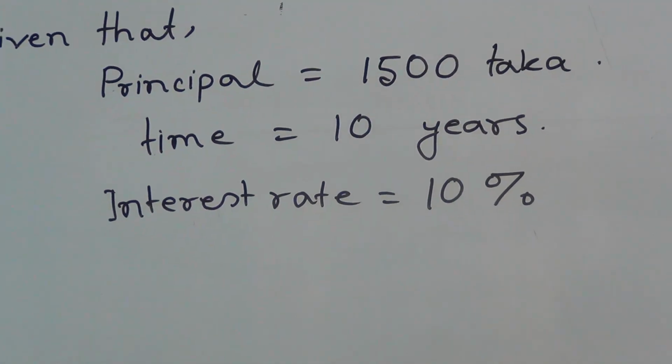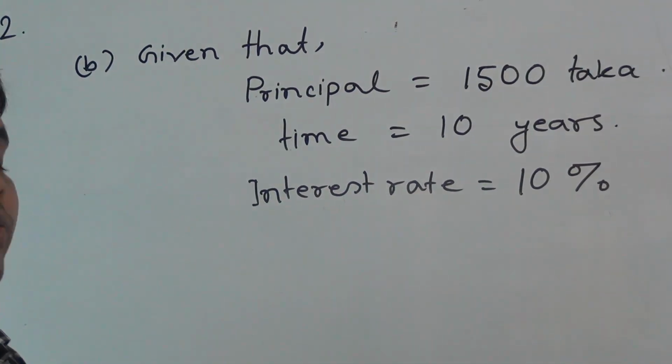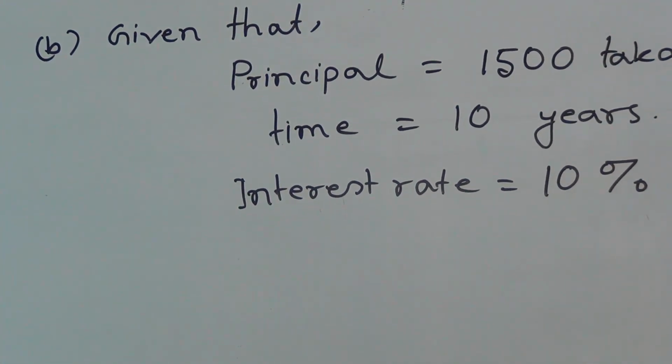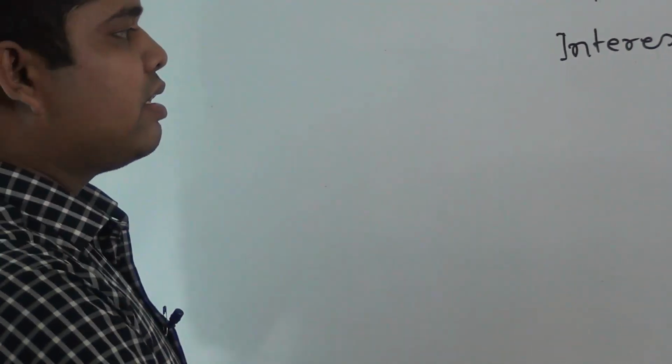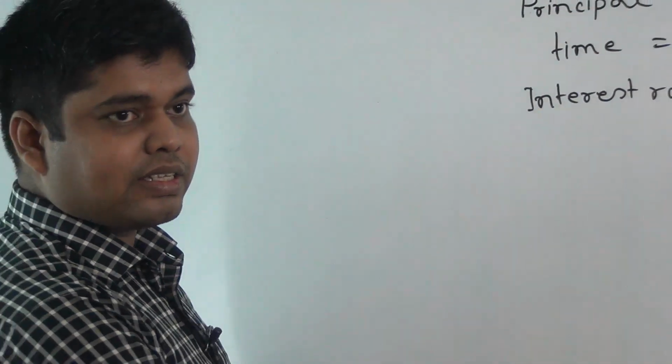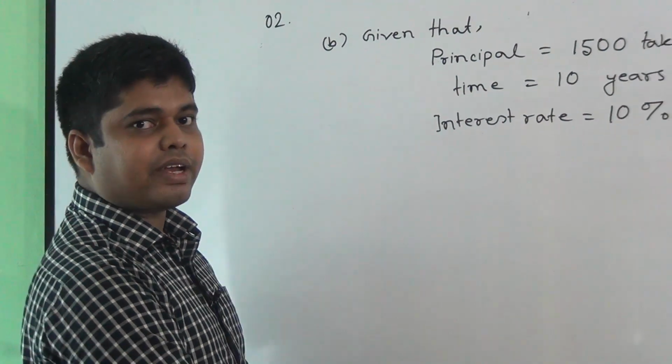So my dear students, notice principal, time and interest rate is given. Now we find out the simple interest. So write the formula of simple interest. What is the formula of simple interest? The formula of simple interest is principal multiply time multiply interest rate divided by 100.